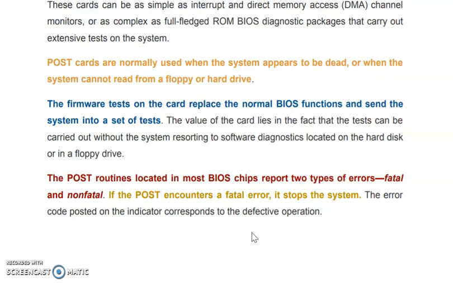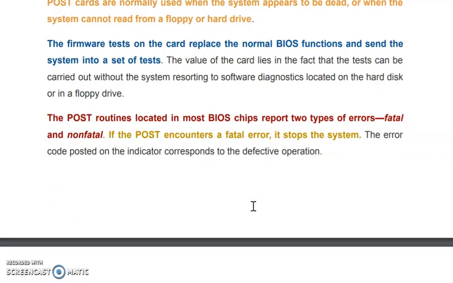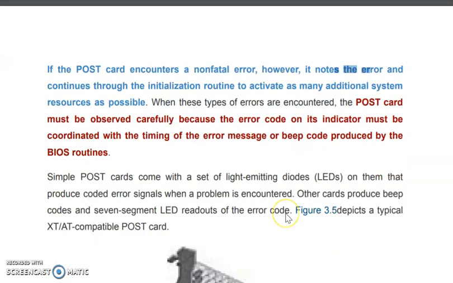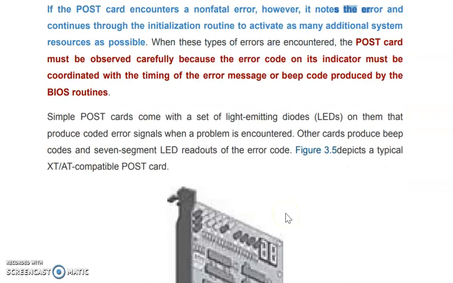This postcard gives two types of errors: fatal and non-fatal. If it is a fatal error, then it stops the system. If it is a non-fatal error, it will just note that error and again try to continue to find any other error present in your system. So this is about the postcard.